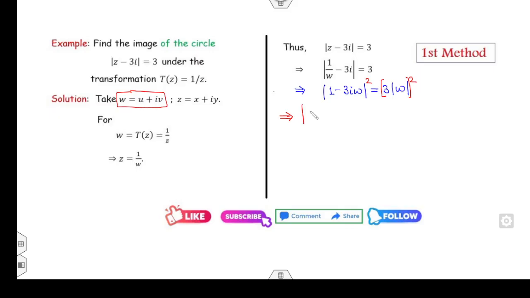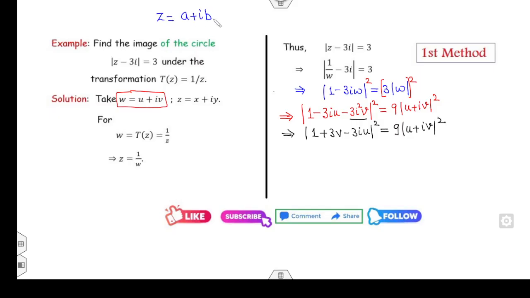I can substitute here: modulus of 1 minus 3 iota into u plus iota v, whole square, is equal to 9 times modulus of u plus iota v, whole square. And we all know if you have the complex number a plus iota b, the modulus square is real square plus imaginary square.